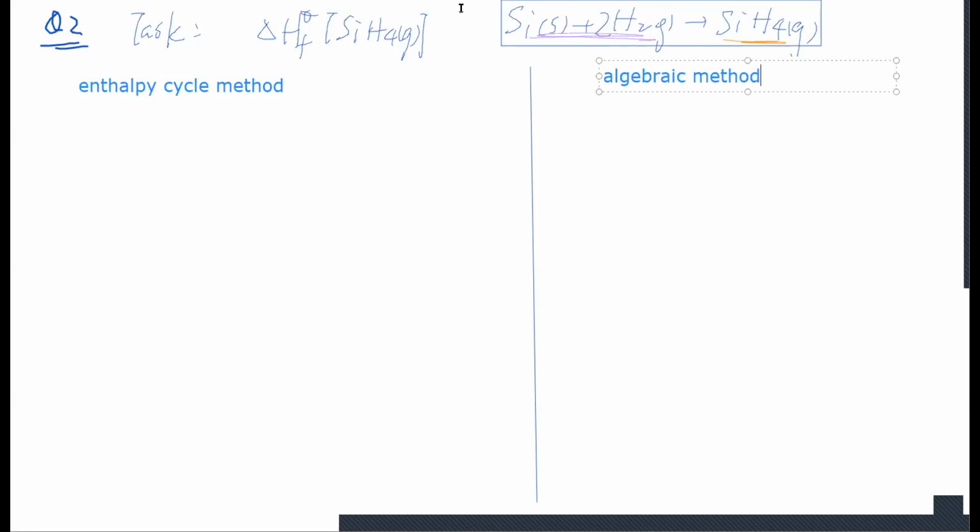Can you solve that? How about the cycle? No one wants to have a try on it. How about the algebraic method? No one wants to try. Can I have one more person to do the algebraic method?